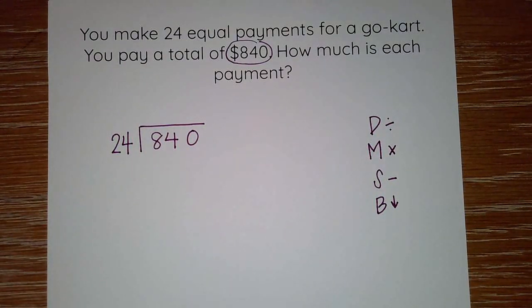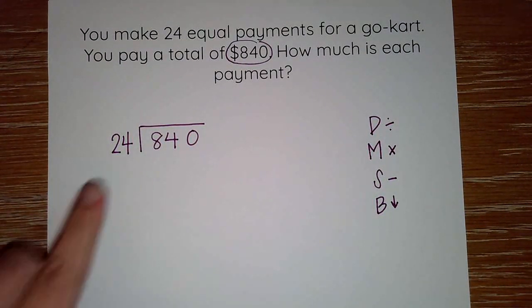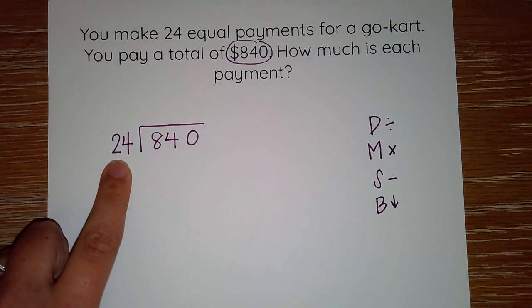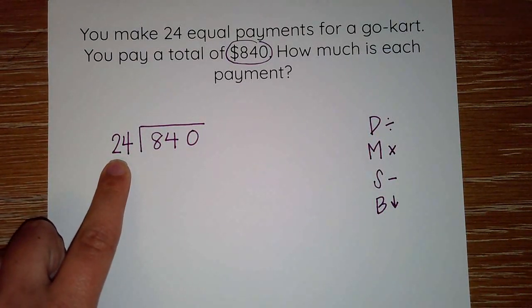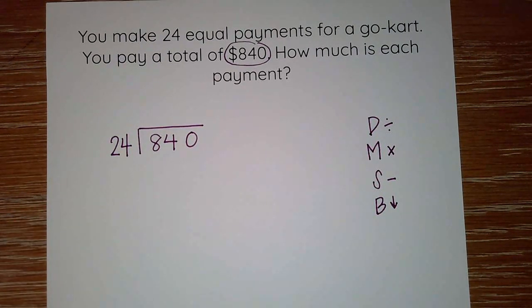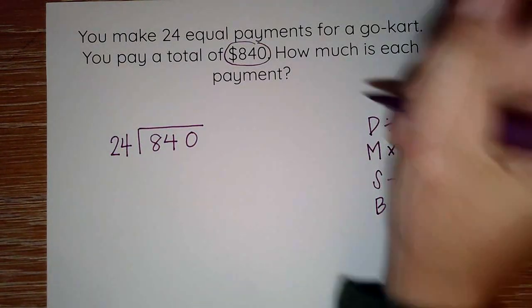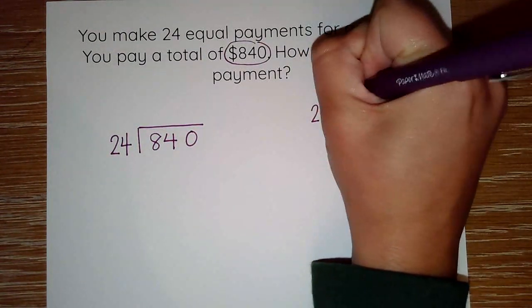The second thing I like to do before I even begin is make a list of my multiples. I know that I'm going to need to know how many times 24 goes into things, so I want to go ahead and do that right off the bat. I start with 24.